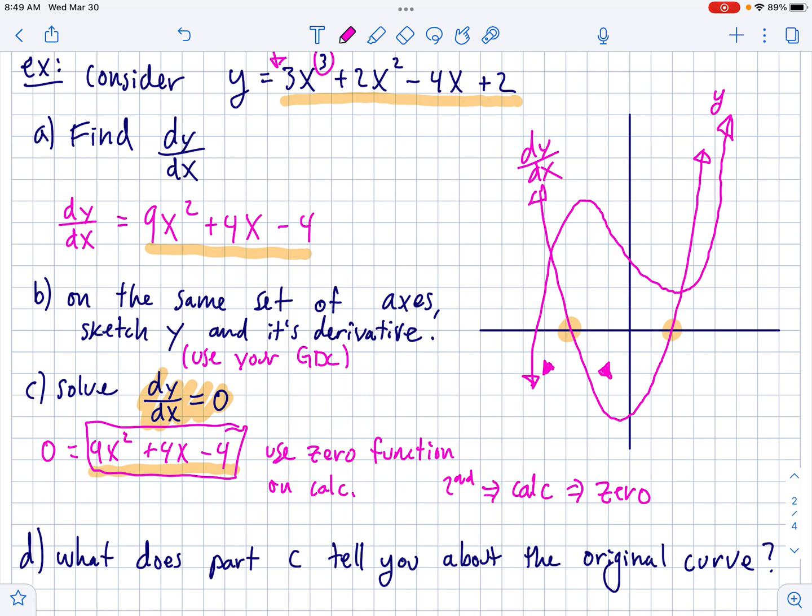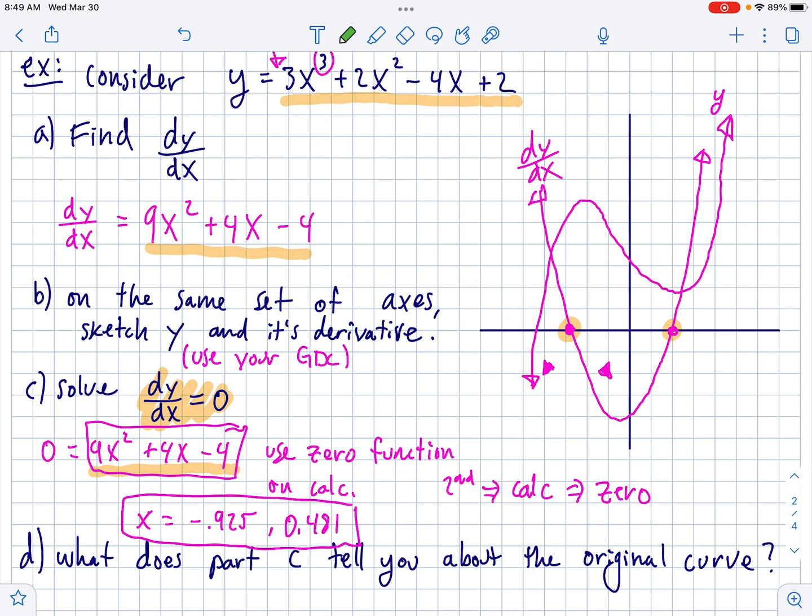But then when you hit enter, it should tell you that the first intersection is negative 0.925. And then the second one is 0.481. So these are the values that make the derivative 0.